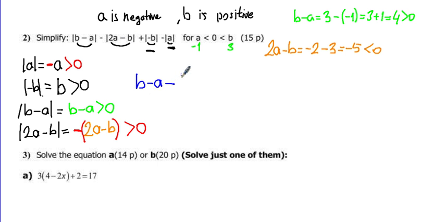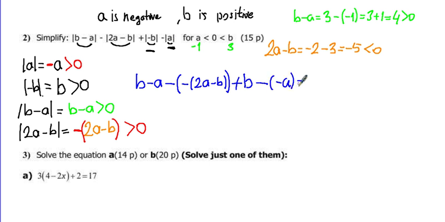So I write it like this. This is the absolute value of 2a minus b. And the third term is, we have a plus sign, and modulo of minus b, here it is b. And we have a minus modulo of a, it is minus a.